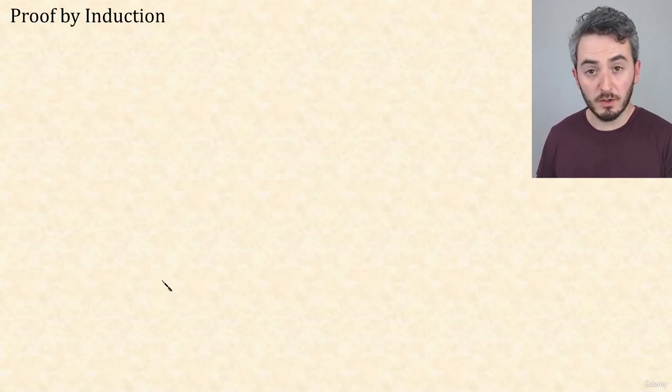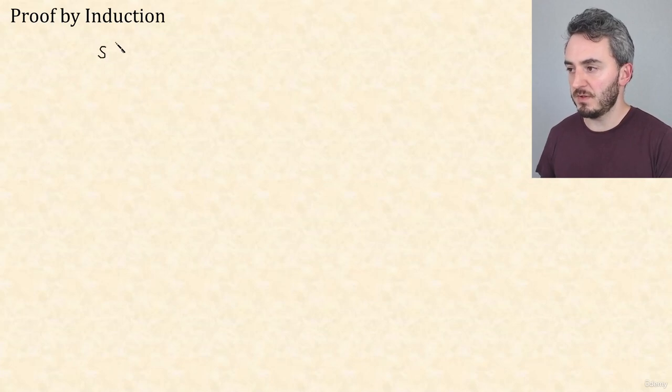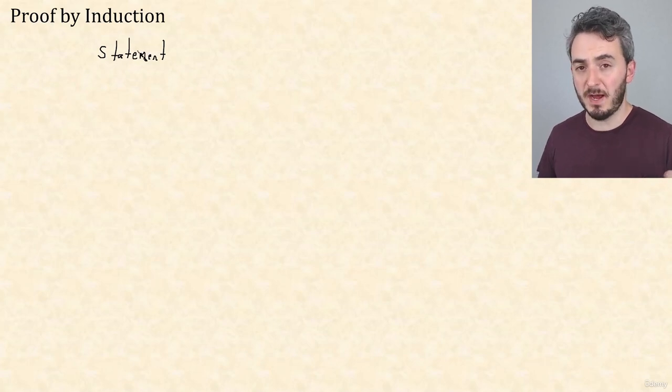So the logic of a proof by induction is you have some kind of statement that you want to prove, so some kind of mathematical statement. And typically these are statements about natural numbers, not always, but the vast majority are statements about numbers. So a claim which is true for all integers, for example.